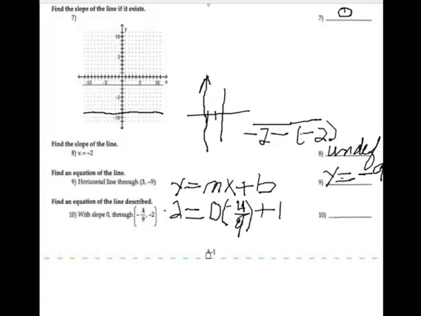Well, when you look at that, we see that b is -2. When you put the y back in, the 0 back in, the x back in, and b is -2, the 0 takes care of the x, and we have the same thing as before: y equals -2.